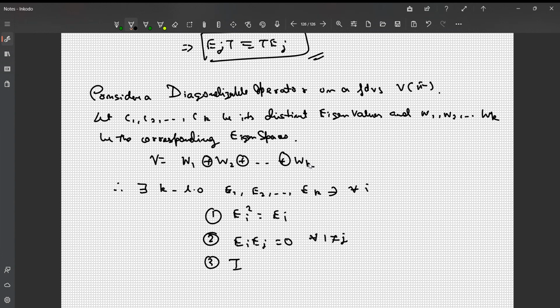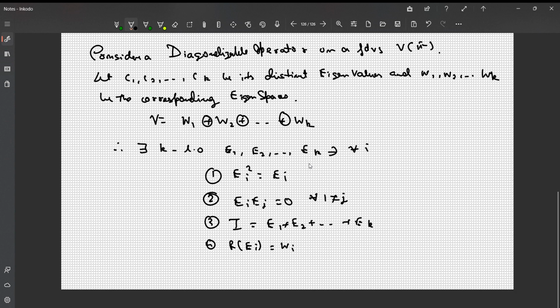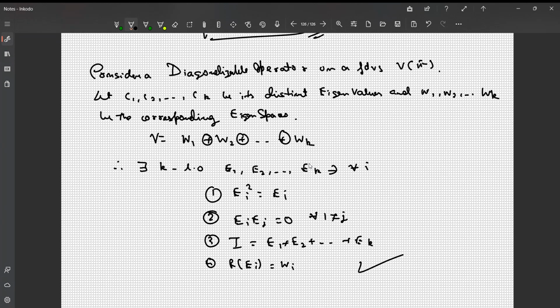Then we have Ei Ej equal to 0 for all i not equal to j. Number 3, we can decompose the identity operator under these operators. And we have the range of Ei to be the eigenspace Wi. We have this in hand, right?